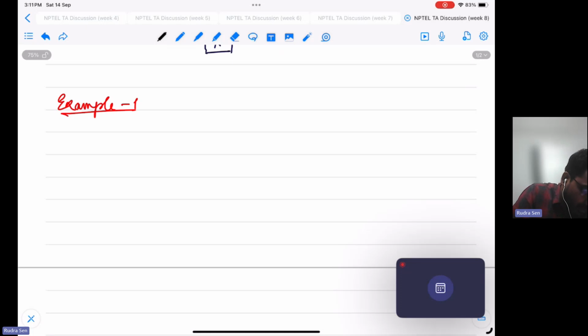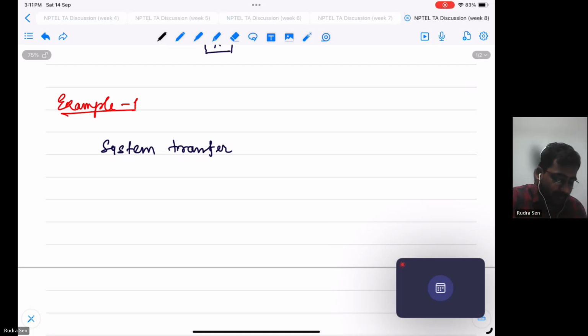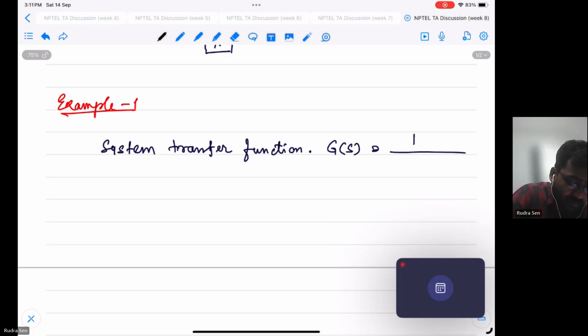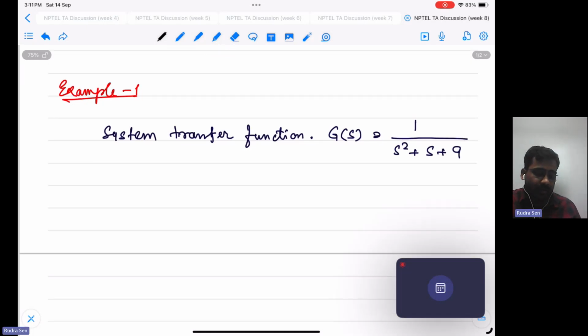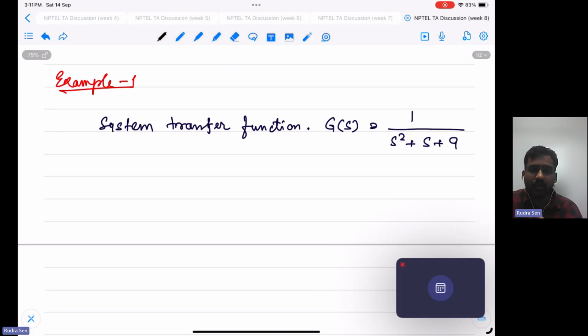So the system's transfer function is this.